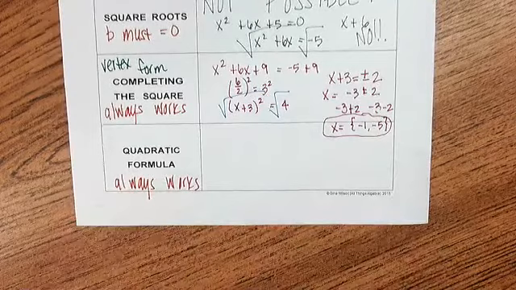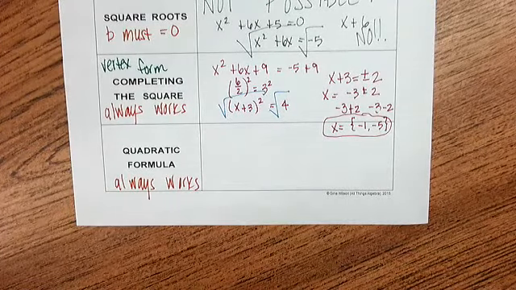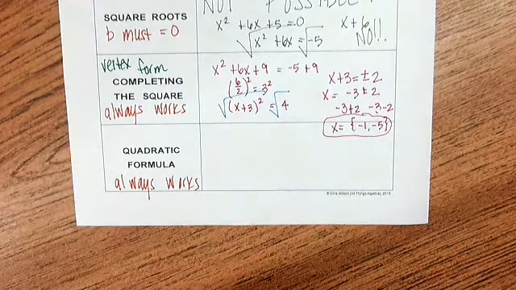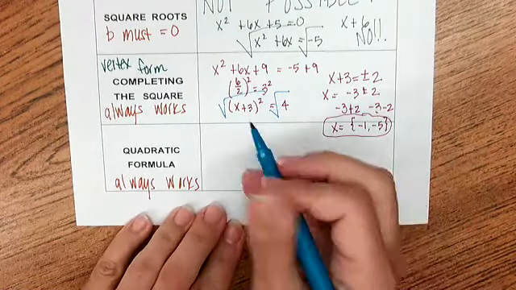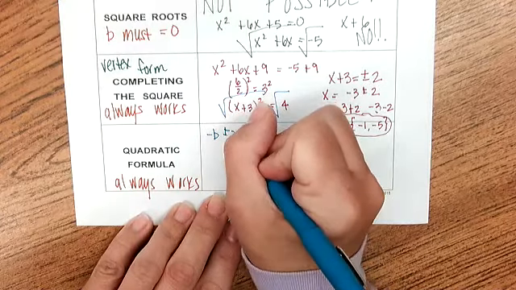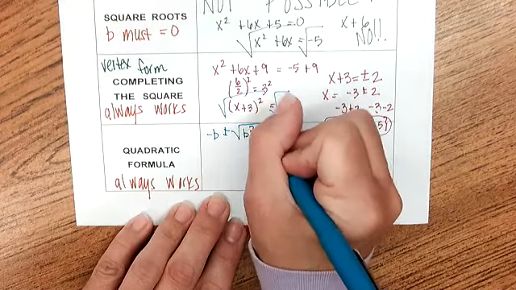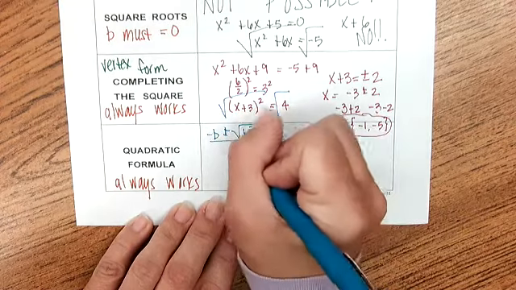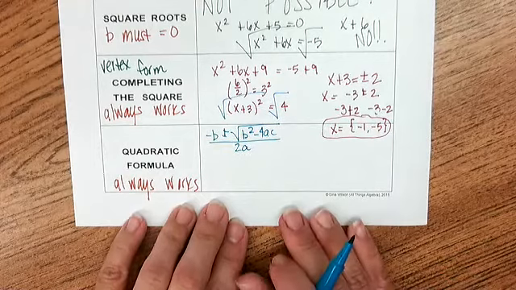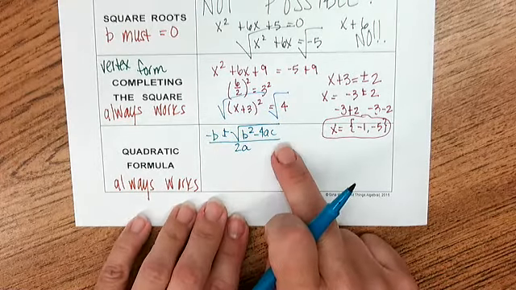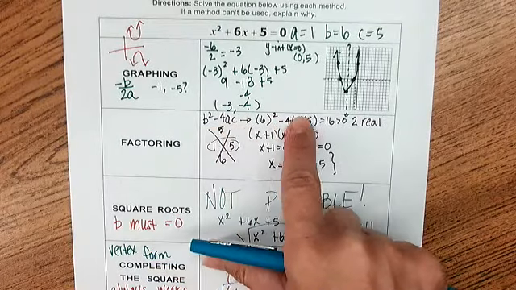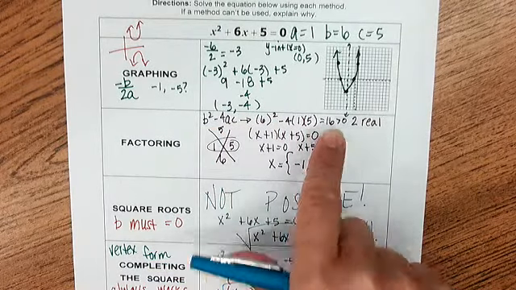Quadratic formula, which I think for many of you, that's your preferred method of solving. Okay, so quadratic formula, opposite of b, plus or minus, square root. We already did b squared minus 4ac, didn't we? B squared minus 4ac was 16.